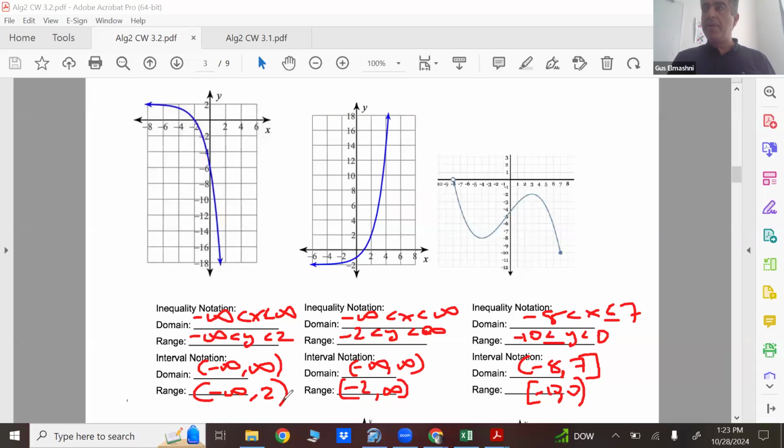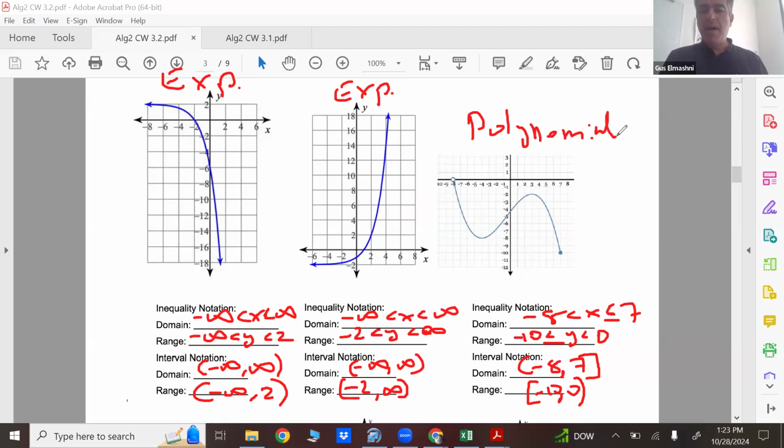But domain's gonna be all real for the first 2. In case you're curious, these are both exponential. And we call this a polynomial, which will be our next unit or sometime in the spring. So it's gonna be all real for your domain for the first 2.